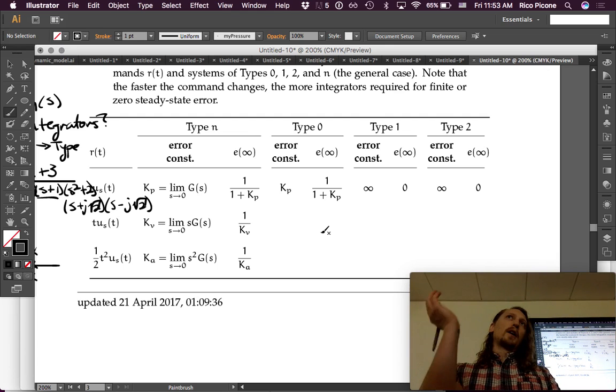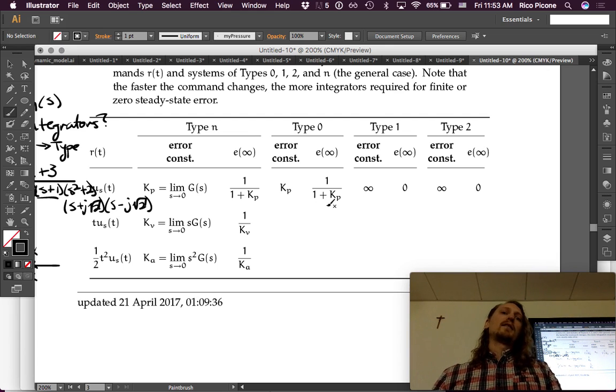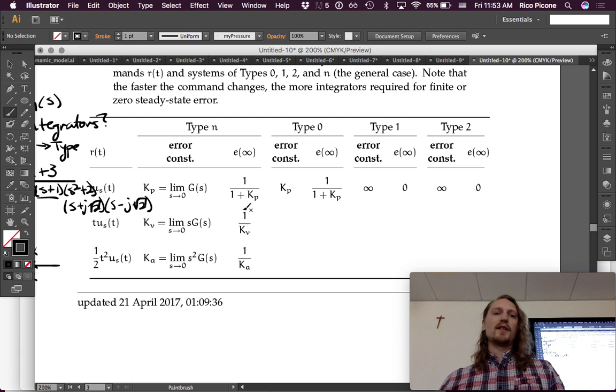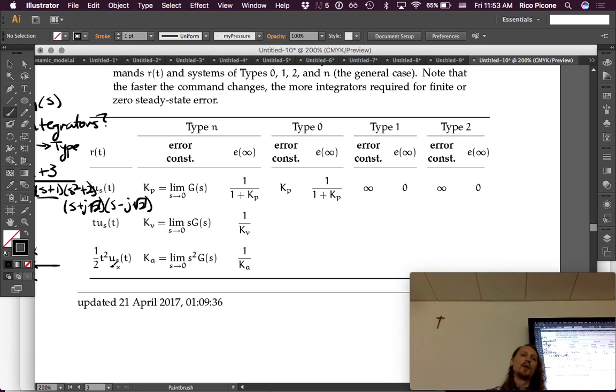So for a step input, all you need to get 0 steady state error is one integrator. If you have no integrators, you have a finite steady state error, which is fine, as long as it's small. It just depends on what your design constraints are. If you have a ramp command, you want to be able to follow that ramp command in steady state. The error constant, we call it the velocity constant, Kv.